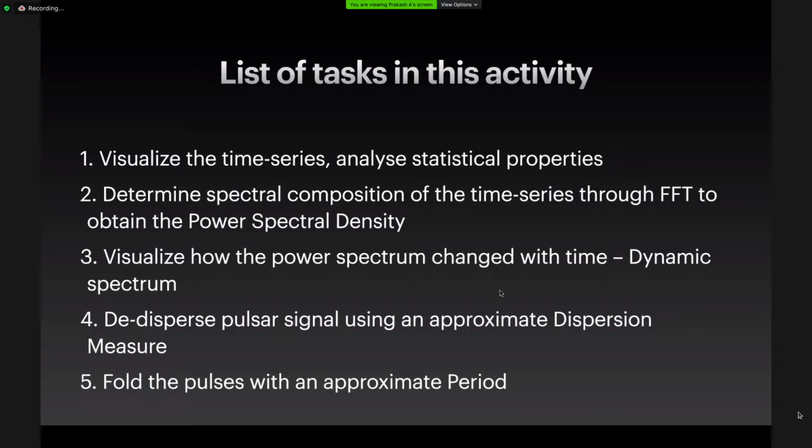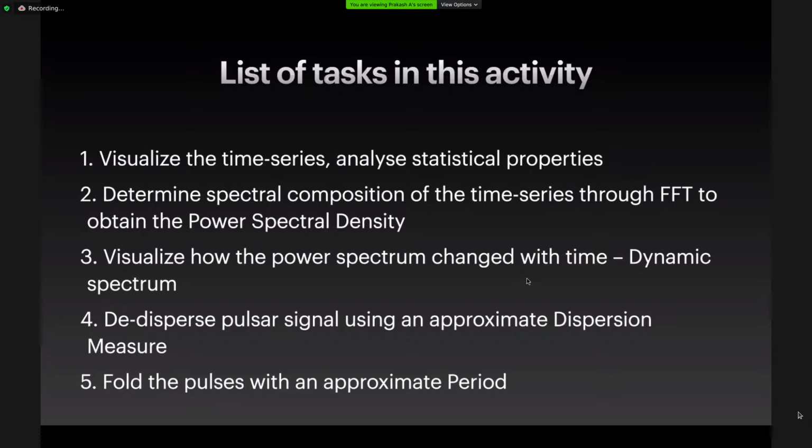This most of you have pretty much done. The next thing is to determine the spectral composition. As you saw, it's a time series, and we are trying to figure out what frequencies contribute how much towards it. Get the power spectral density through the FFT. Then we'll try to visualize the power spectrum, which is essentially this power spectral density, and how it changes with time.